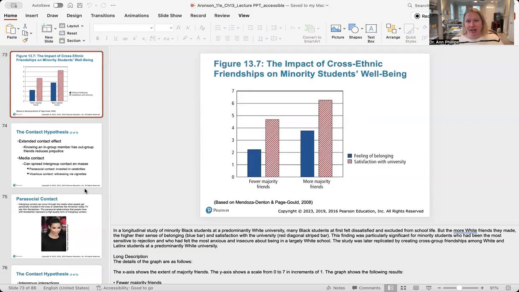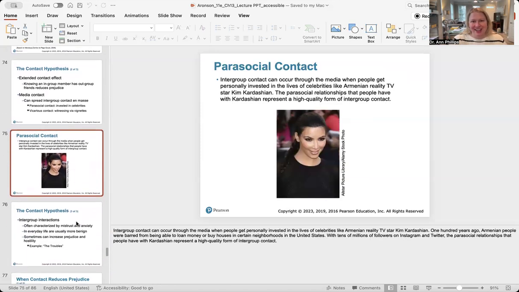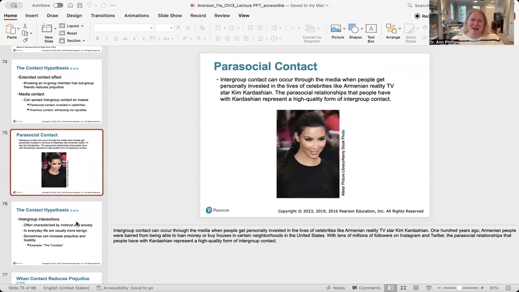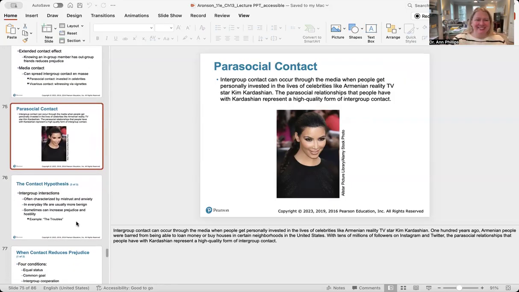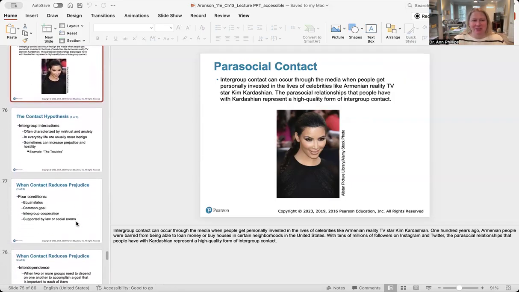And they found that as a minority, if you can have friends in the majority group, then they felt better integrated and more a part of a school. So again, this contact is important. Parasocial contact. Yeah, that's through media. They just call it parasocial, which sounds weird, like paranormal, but anyhow.